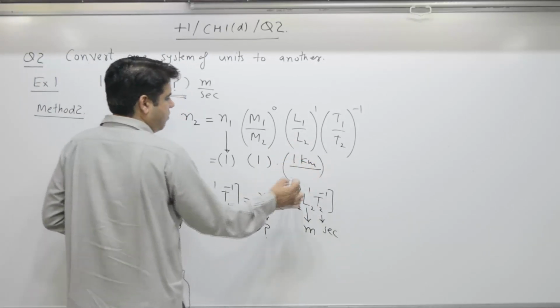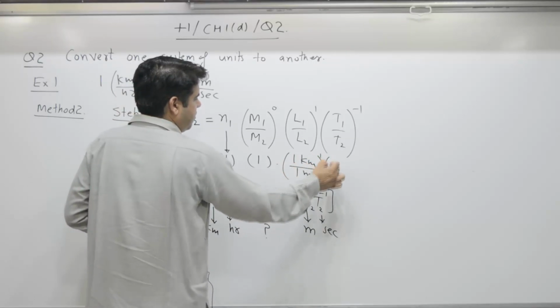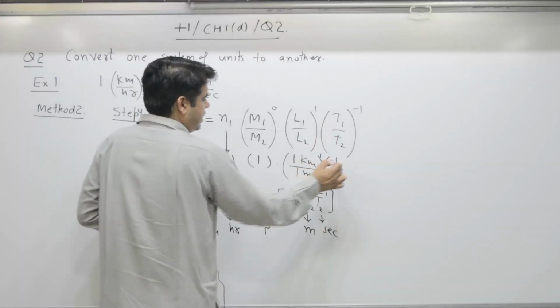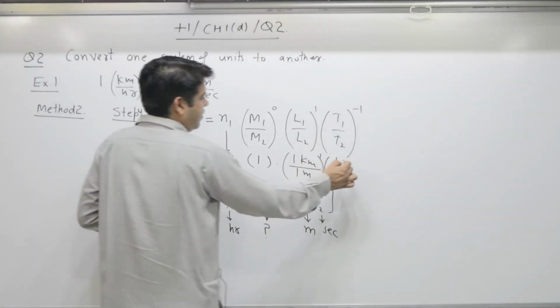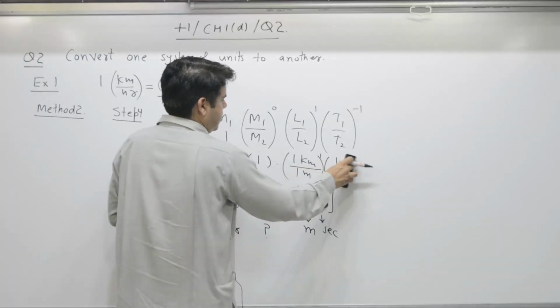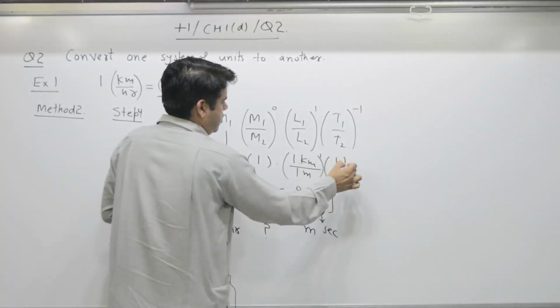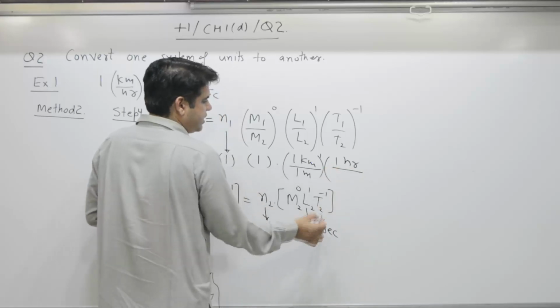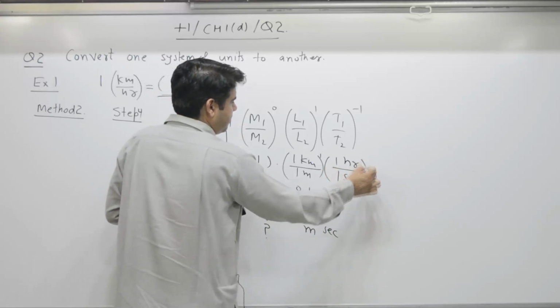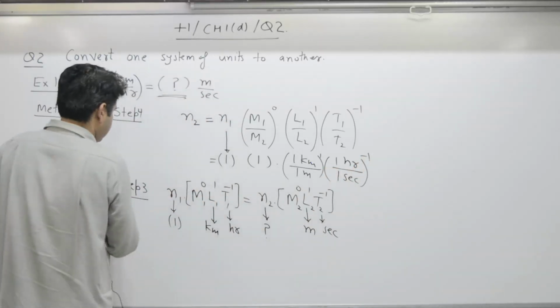L2, 1 meter, power 1. T1, first system, 1 hour. Second system time is 1 second, power is minus 1.